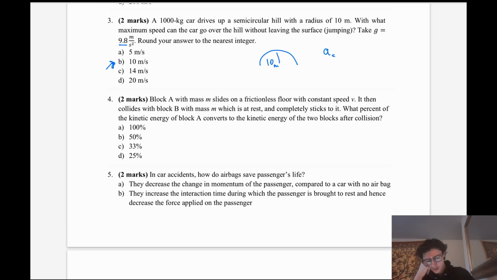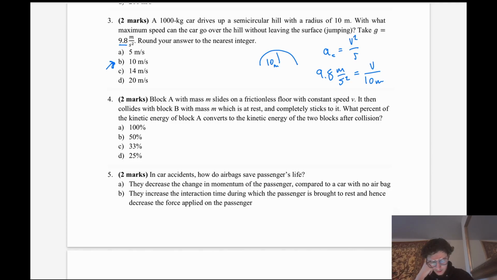Oh, I'm thinking something like this. Centripetal acceleration is v squared over r, right? And if the centripetal acceleration is greater than 9.8 meters per second squared, and then we put 10 meters here, then we can solve for this v. Does that work?